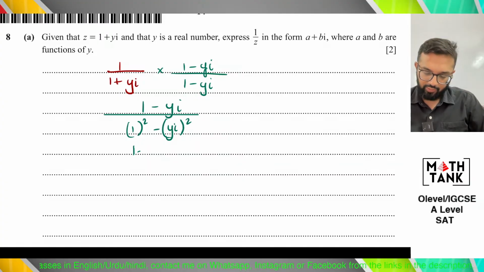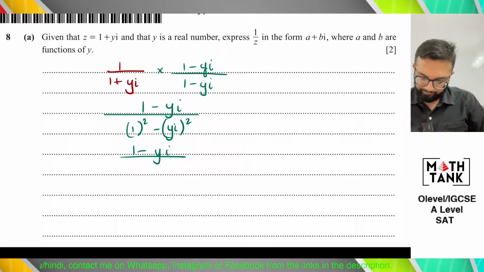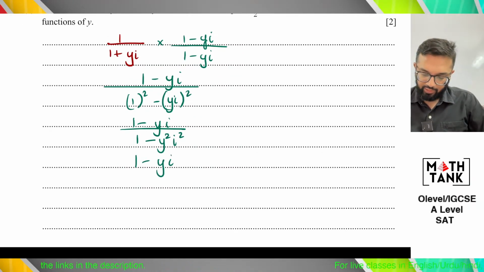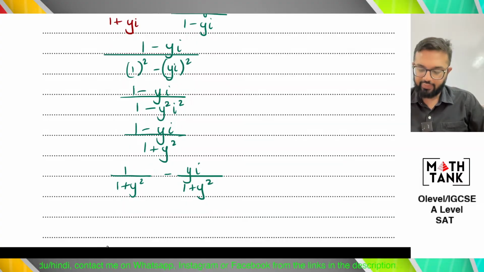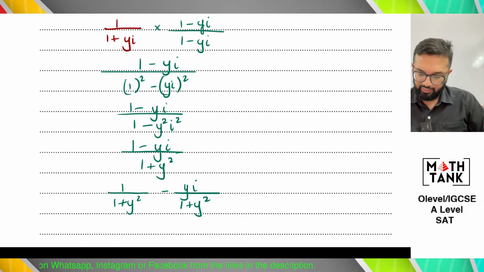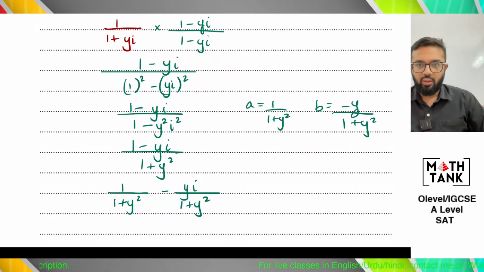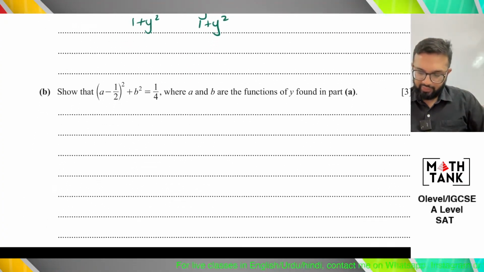So the denominator becomes 1 plus y squared. So a is 1 over 1 plus y squared and b is minus y over 1 plus y squared. Okay, that was an easy 2 marks for this. It gets tougher as we go on.